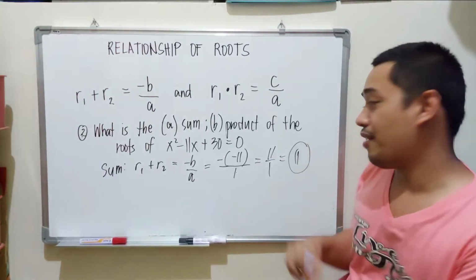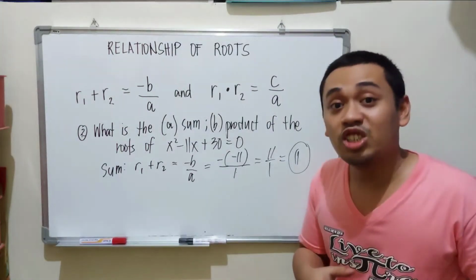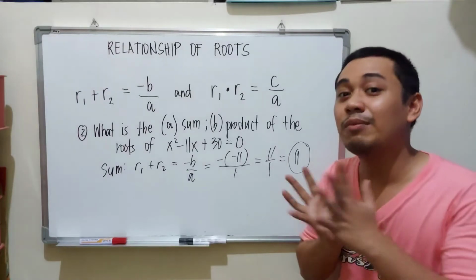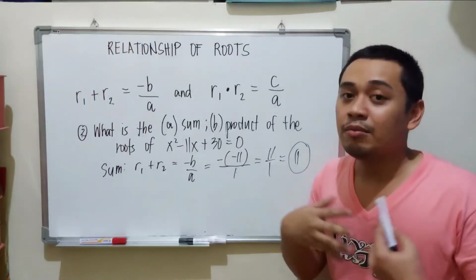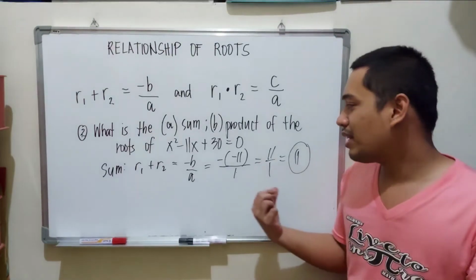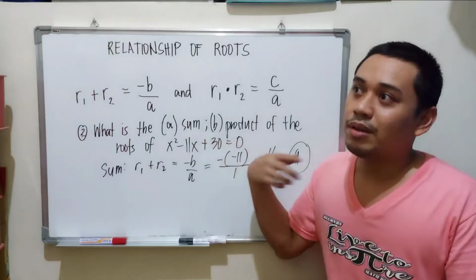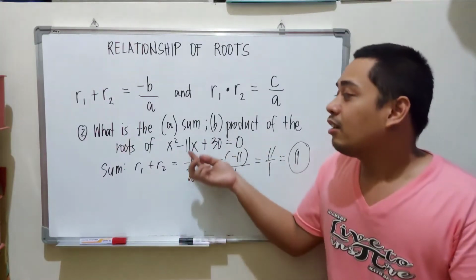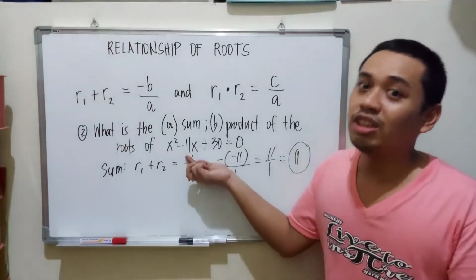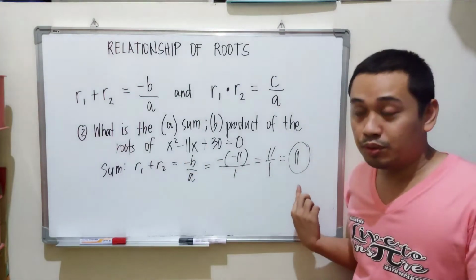That is 11. Yun yung sinasabi ko kanina na kapag alam natin yung relationship between roots, mas magiging madali mag-solve sa atin ng mga problems involving sums and product of the roots. Kasi alam na natin, pwede nating sabihin na yung inverse or yung kabaliktaran lang ng sign ng kung anong merong sign yung middle term natin, yun na agad yung magiging sum ng ating roots.